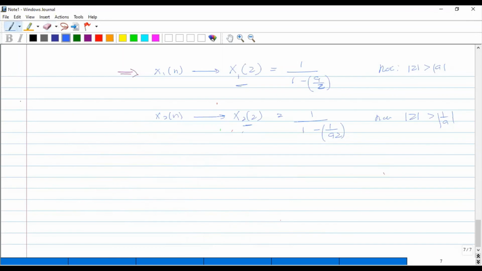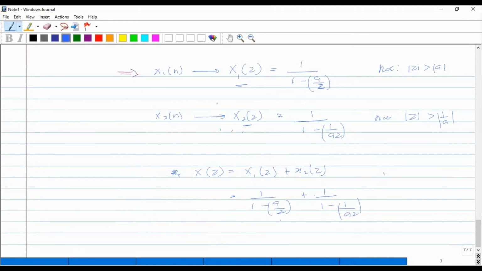If you have these two signals x1 and x2, and you want X(z), that is X1(z) plus X2(z). So you will have 1 by 1 minus a z inverse plus 1 by 1 minus 1 by a z inverse.